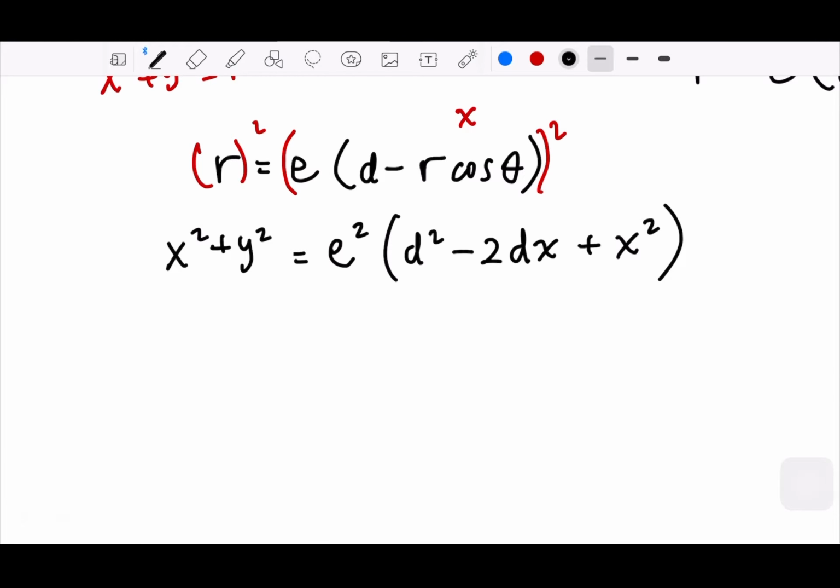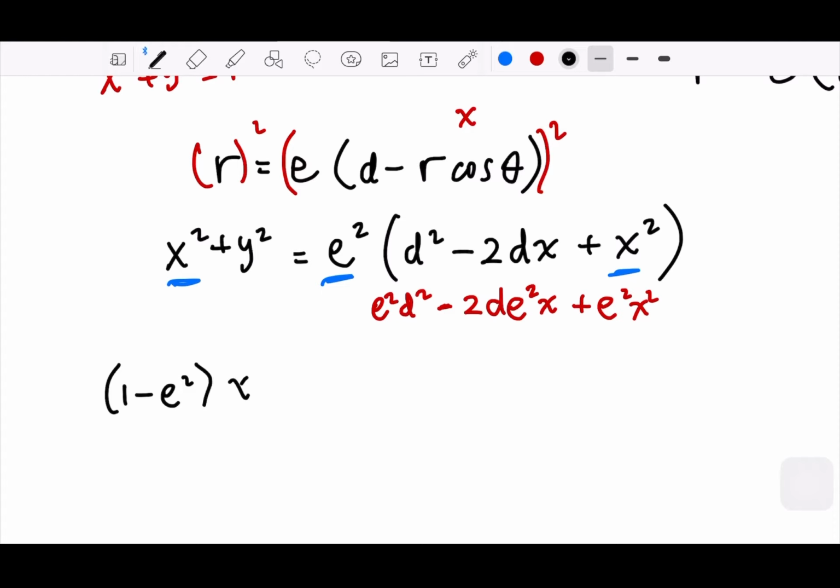So first, maybe grouping all the components like x squared and x squared here. So this will be e squared d squared minus 2d e squared x, right, plus e squared x squared. And then we can have 1 minus e squared, and this is x squared.